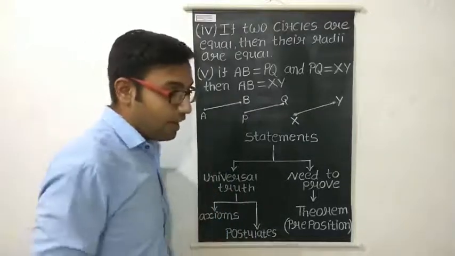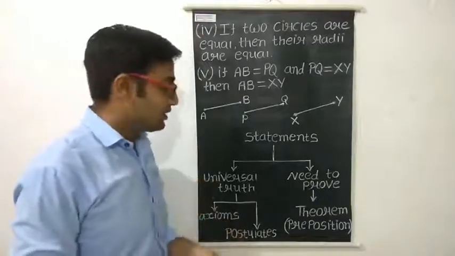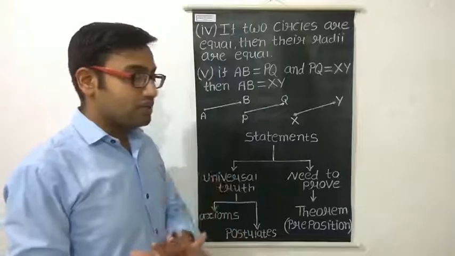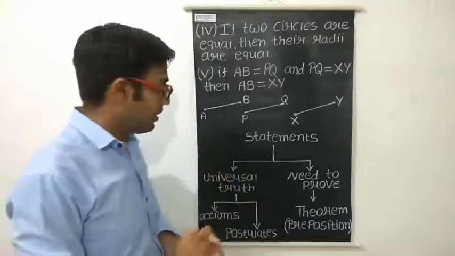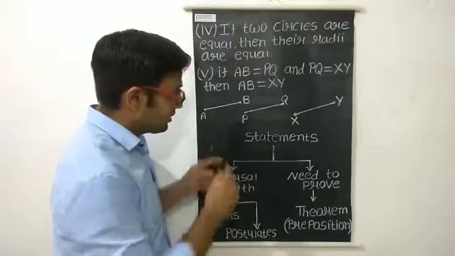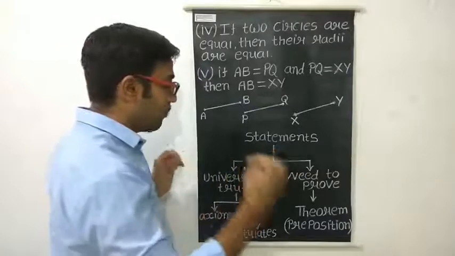Okay, so till now we have studied axioms, postulates and theorems. So let us clarify between all those things. The first thing is the statement. A statement is actually divided into two parts.